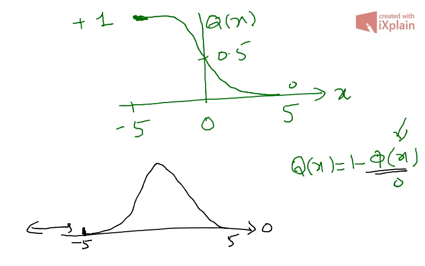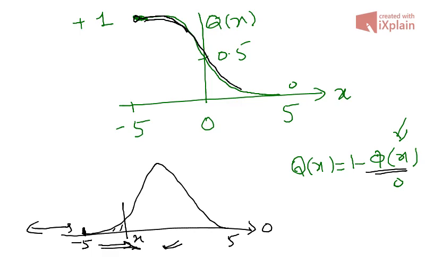This whole area is 1. The area of the whole integral, 1 minus something 0, is 1. So you will get this point. If you increase this x, if you move towards this direction, your function decreases monotonically.